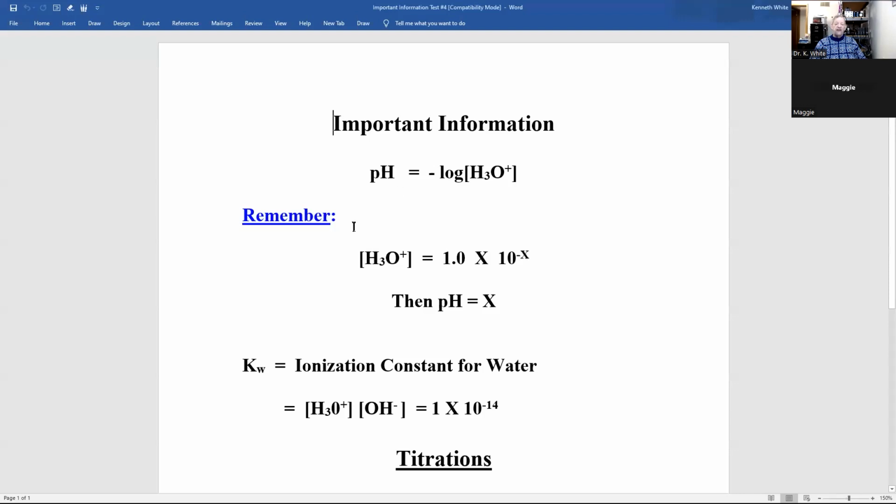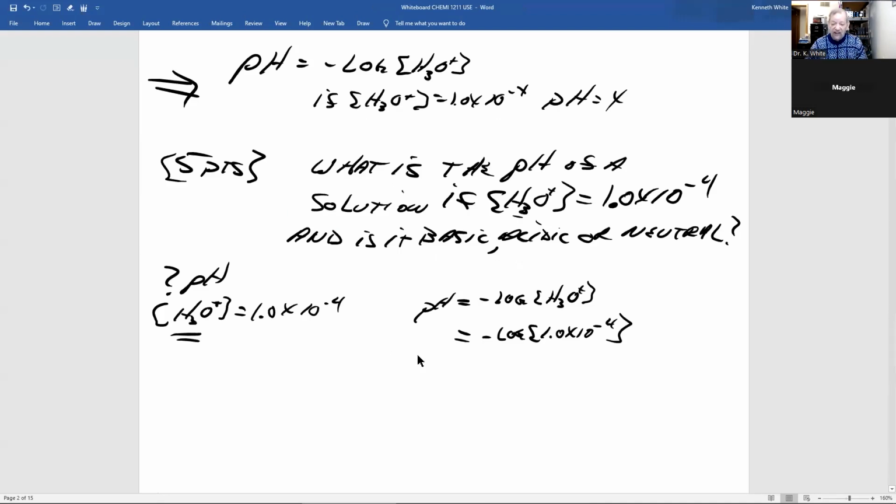I give you the pH, then don't tell anybody I'm being nice. Shh. And if the hydronium ion concentration is 1.0 times 10 to the minus x, then the pH is x. So what's x? Well, it is 1.0 times 10 to the minus x, the hydronium ion concentration. Therefore, the pH is 4.